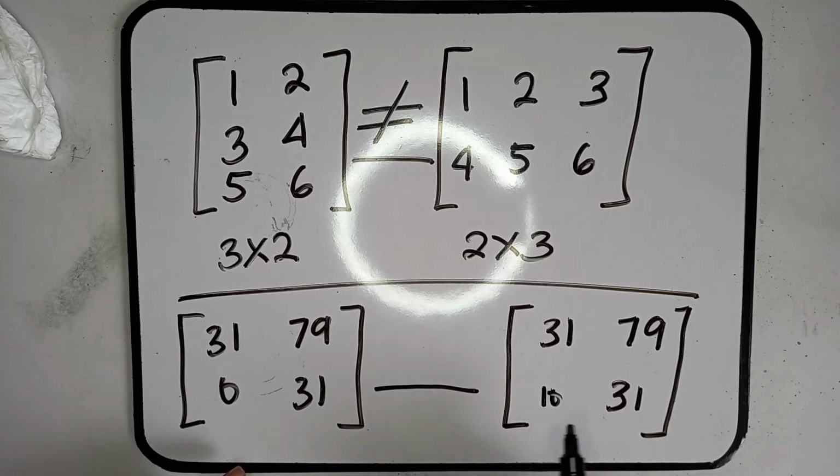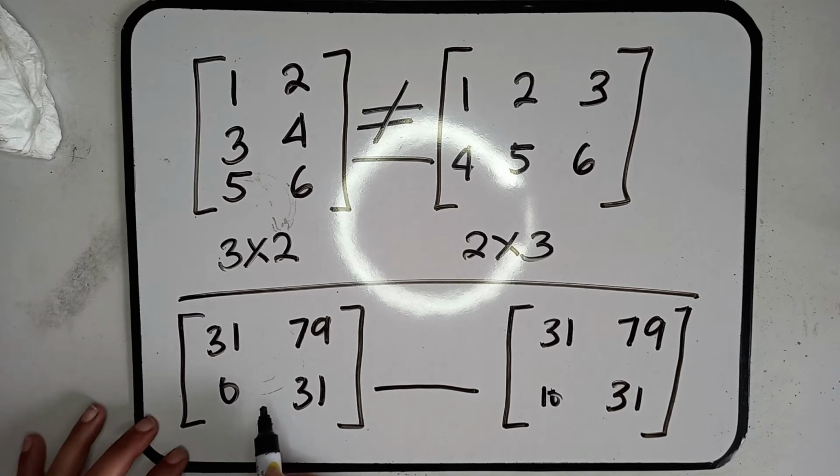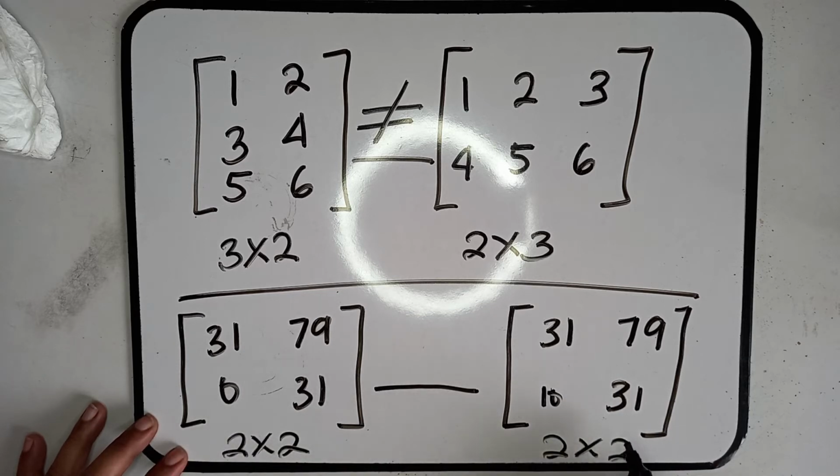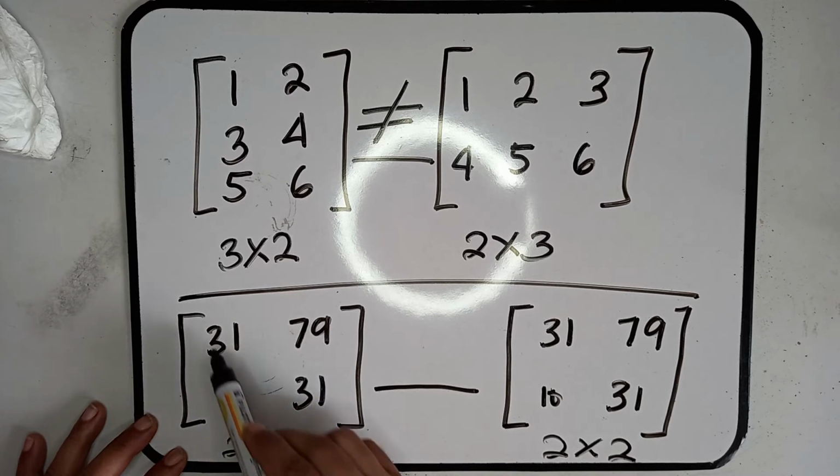Do they have the same order? Okay, so what is the order of this matrix? So this is 2 by 2, and this is also 2 by 2. 2 rows, 1, 2, so that's why we have 2 here. 2 columns, 1, 2, that's why we have 2 here.